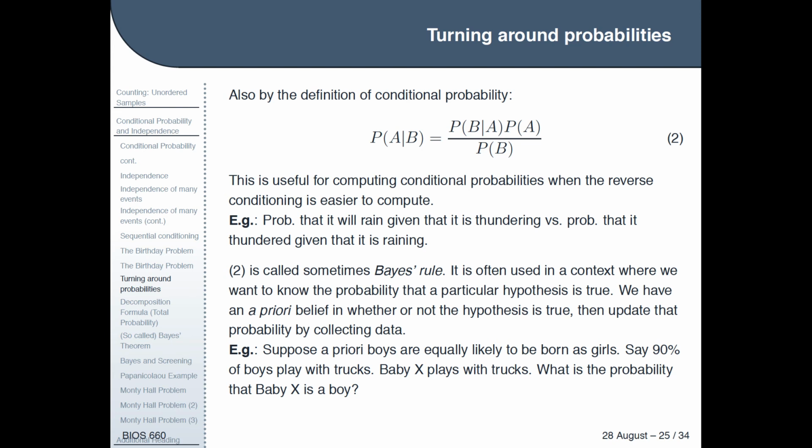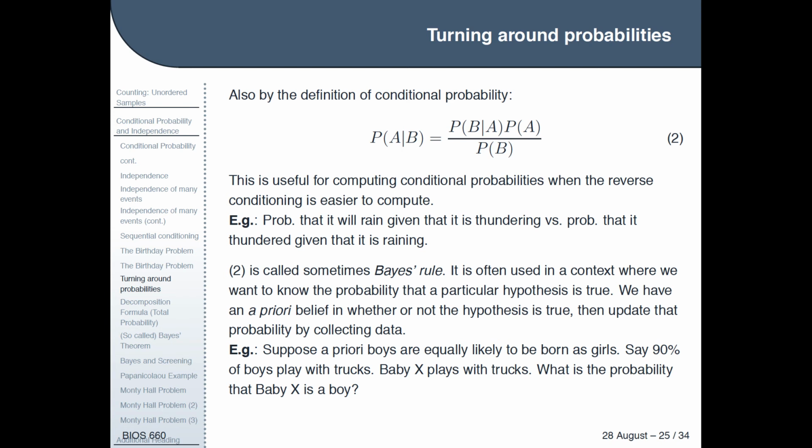Okay. This is an example of what's known as Bayes' rule. Like it says, it's often used in the context where we want to know the probability that a certain hypothesis is true. Then you update this prior belief after you've seen some data.